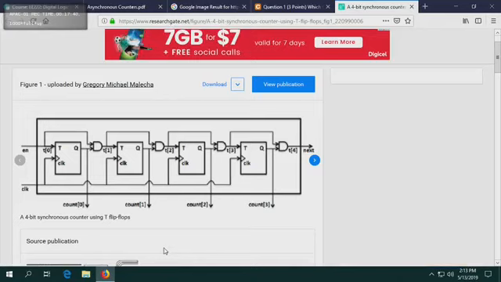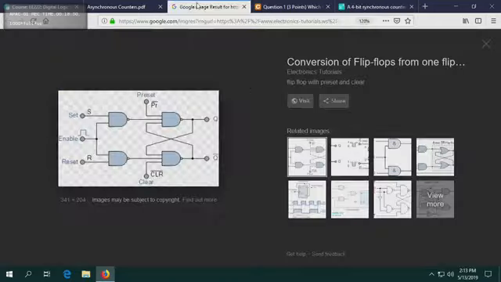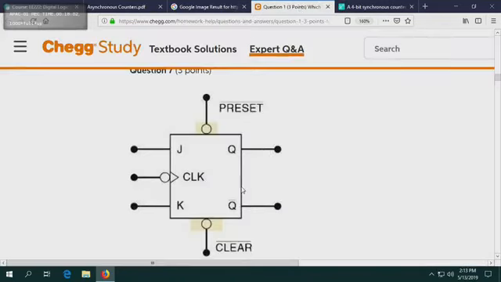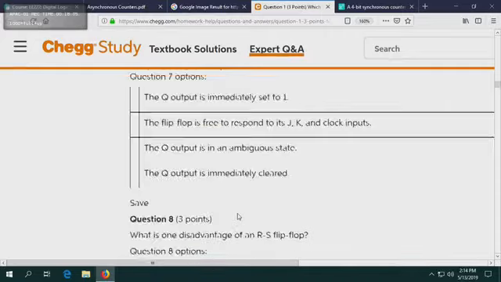If you want to make all the flip-flops 0, you're going to use the clear line. What are you going to provide to the clear line? You're going to provide a 0, okay? So remember that. That's a very important point. So that's your preset and that's your clear.